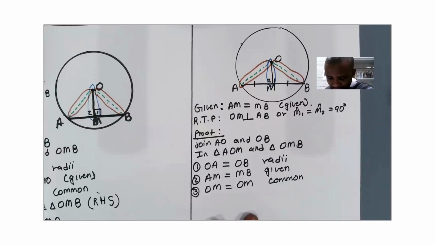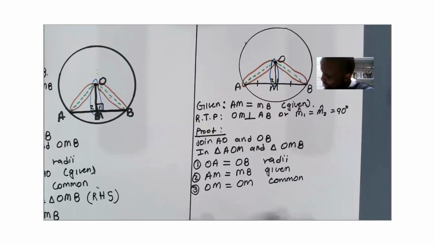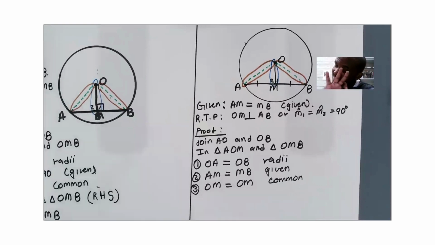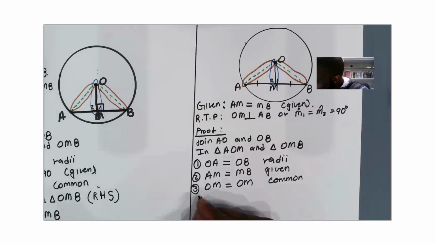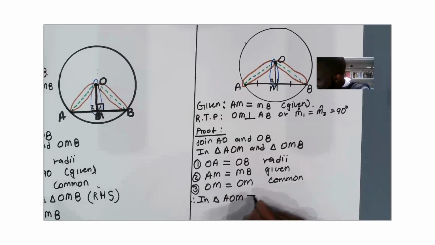And then, now we are done. We have found the things we need if you're proving what? Congruence, because we need just 3 things. So we can say now, therefore, in triangle AOM, it's congruent to triangle OMB.